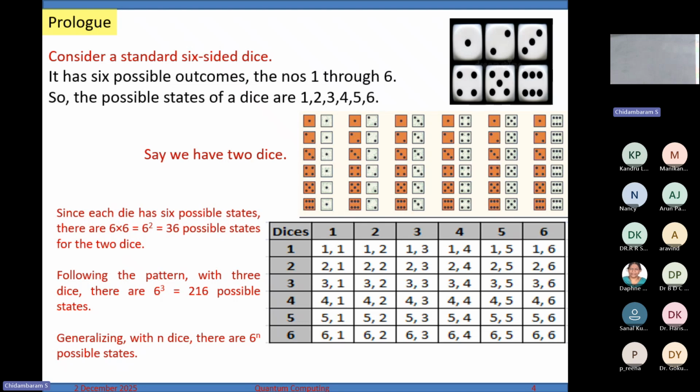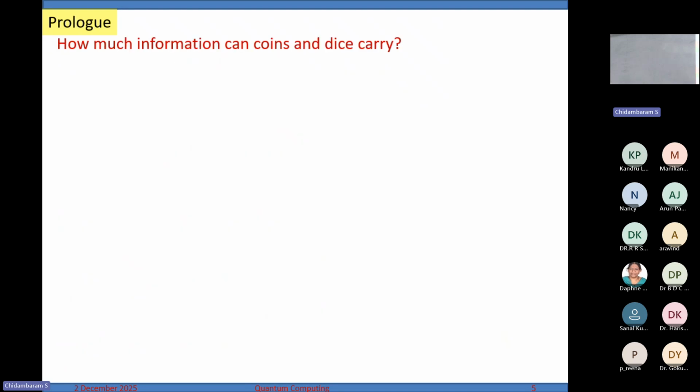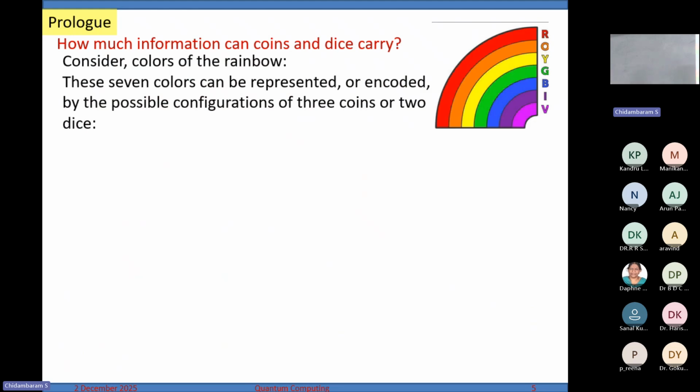Now again, why are we discussing this? Imagine I wanted to quantify how much information the coin would carry, and the dice would carry. If this is the question, let us take the colors of the rainbow, right? So we have VIBGYOR, these 7 colors, and these 7 colors RGB.